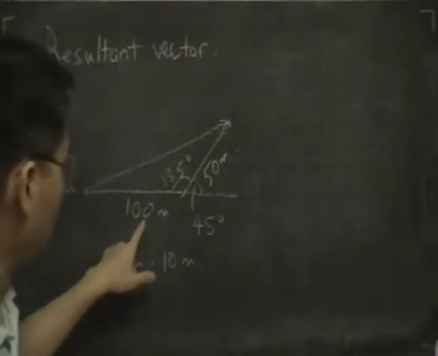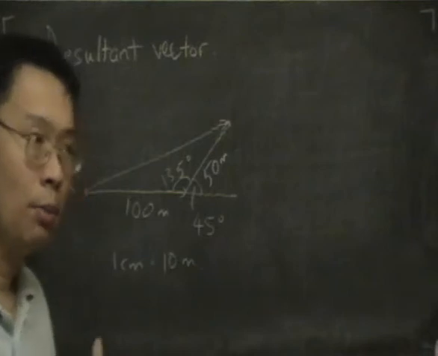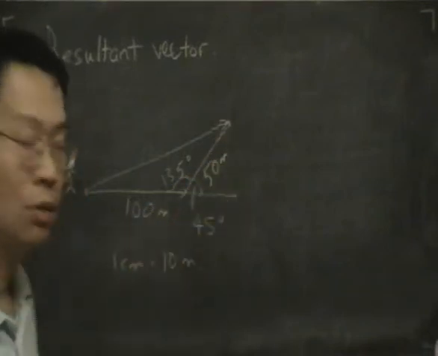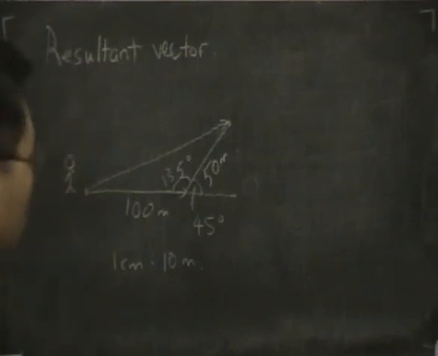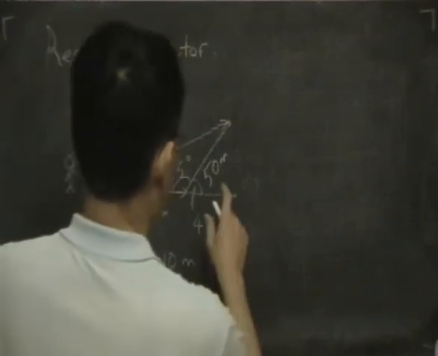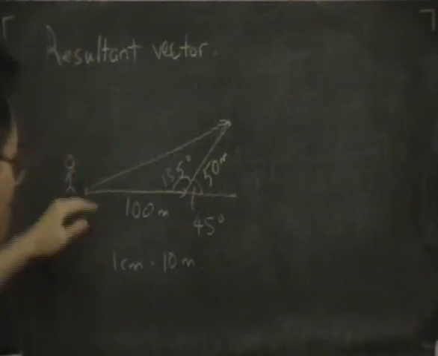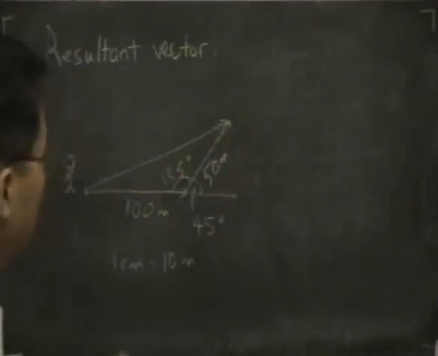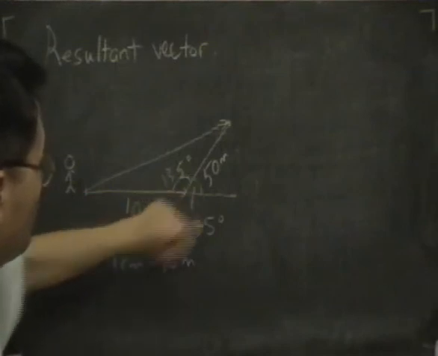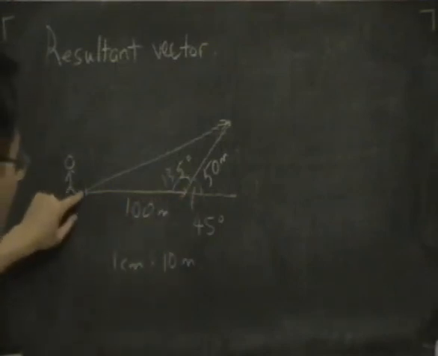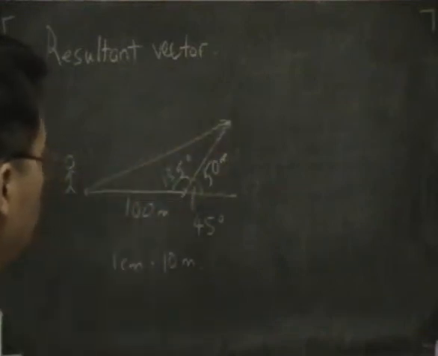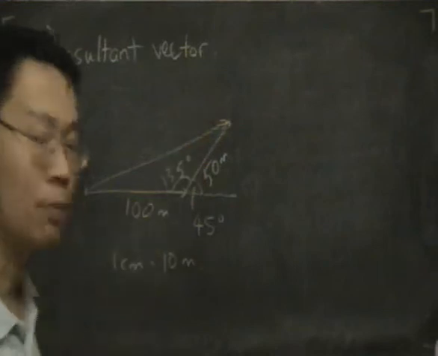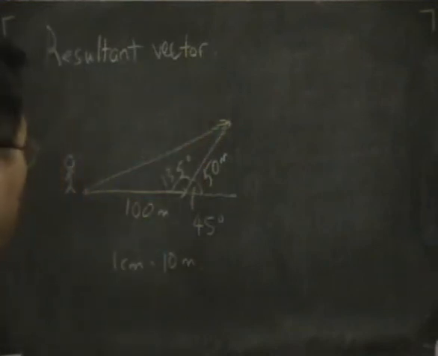So for example you would represent the 100 meters by 10 centimeters and the 50 meters by 5 centimeters. Take out your ruler and protractor and draw 10 cm there, 5 cm there, measure out the 45-degree angle, and then join the two corners of the triangle and use your ruler again to measure this new distance, and that will give you the distance.